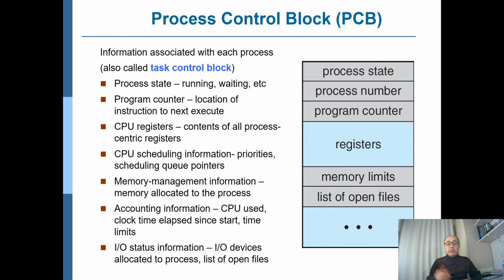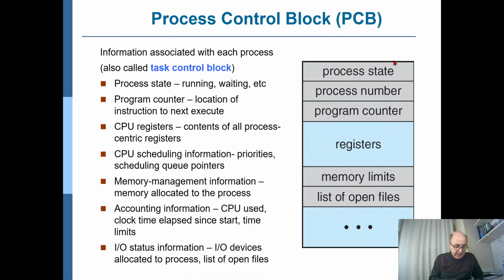So we talk about what's called a process control block, which contains some information about the process, but it's not the data section or the text section. That's yet another space. So this is actually a small data structure, which contains, first of all, your state.